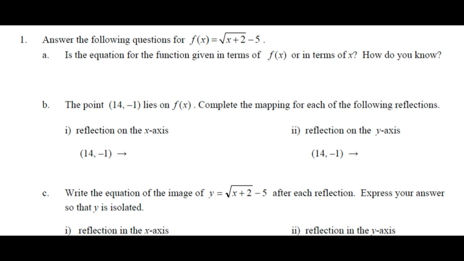Answer the following question. For f of x is the root of x plus 2 minus 5. Is the equation for the function given in terms of f of x or in terms of x? Can you graph it? So it's in terms of x, right? So what do we know? Well, I can graph the square root of x plus 2 minus 5, which is a square root graph. What's happened to this square root graph? It's been shifted, translated horizontally to the left and vertically down 5.